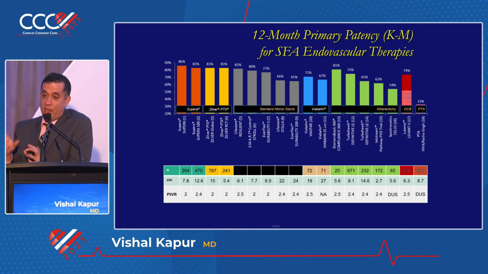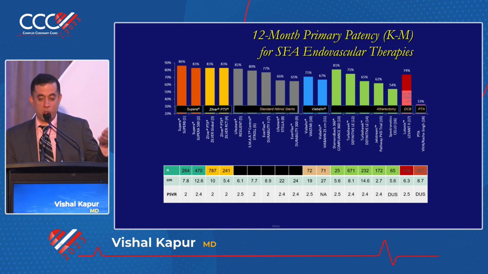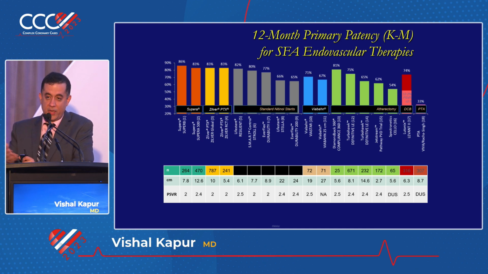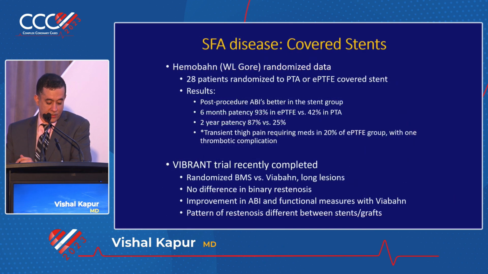Even though technically all the trials are compared to plain old balloon angioplasty, because that was considered to be the standard of care, and for doing any randomized trial, you have to pitch it against the PTA, which is standard of care. But nowadays, things have changed, so technically PTA is no more a standard of care. You have to have some therapy, maybe adjunctive therapy in the form of atherectomy, or using a drug-coated balloon as your definitive technique, or your stenting as one of the definitive techniques as well.